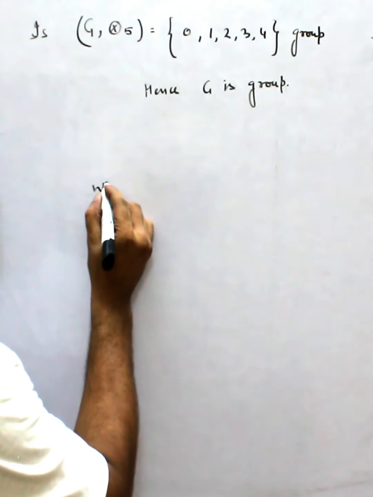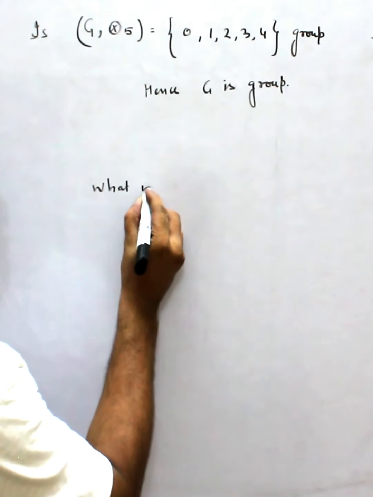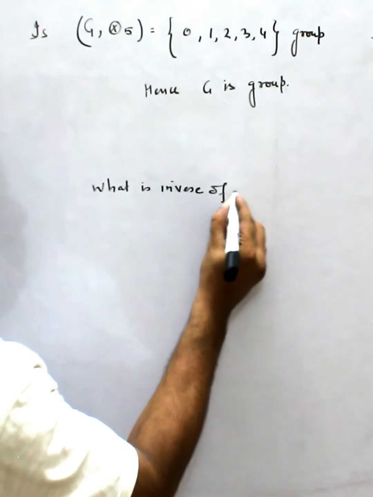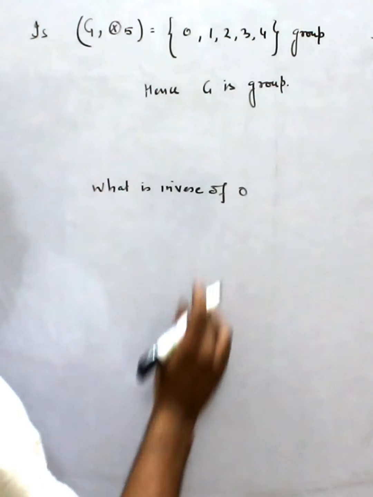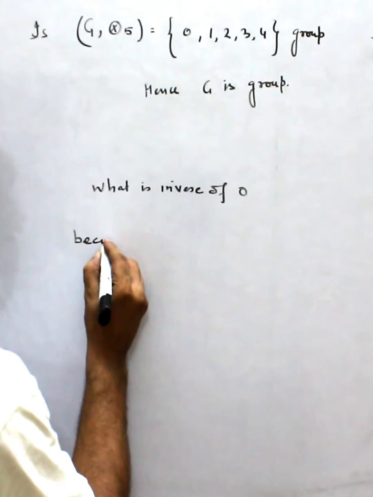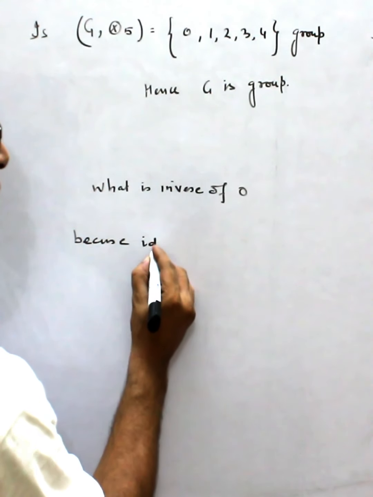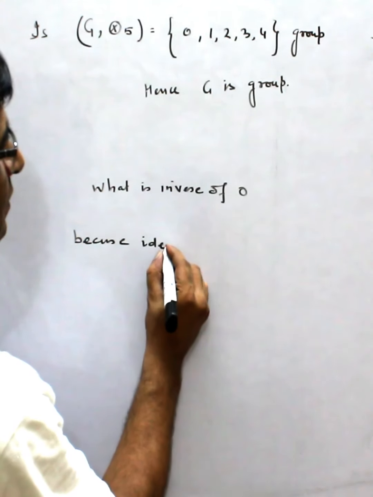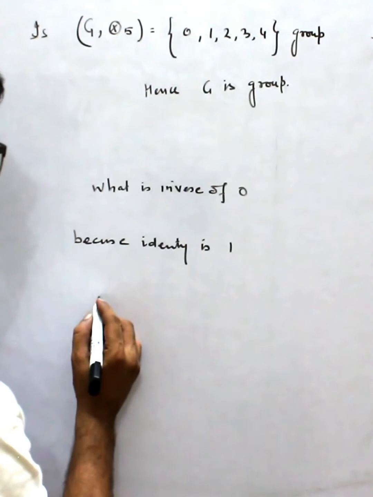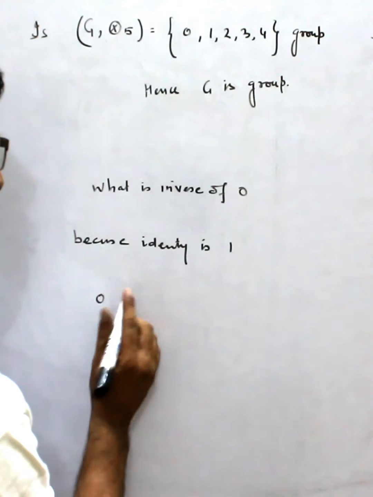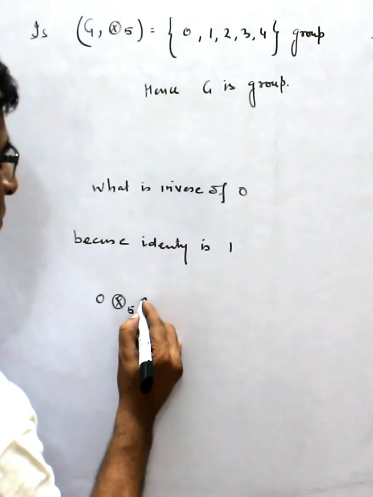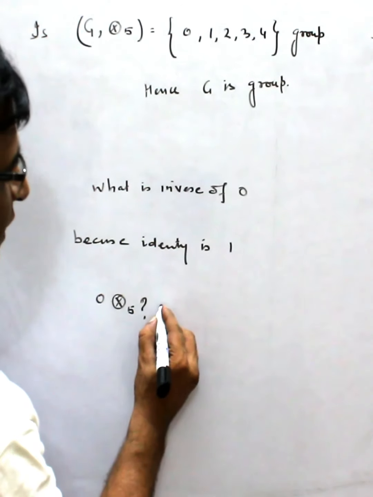What is the inverse of 0? Because with respect to multiplication, identity is 1. Now, what we multiply with 0, that we get 1.